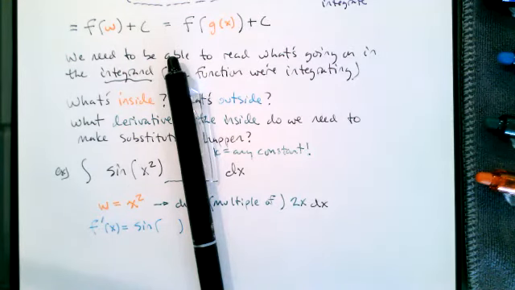Remember, the goal is not to find the antiderivative of sine of x squared. That's just the tool that we're using to get this idea of substitution across. If the actual end result is to find the antiderivative of the sine of the square of x, this is the technique that we will use.